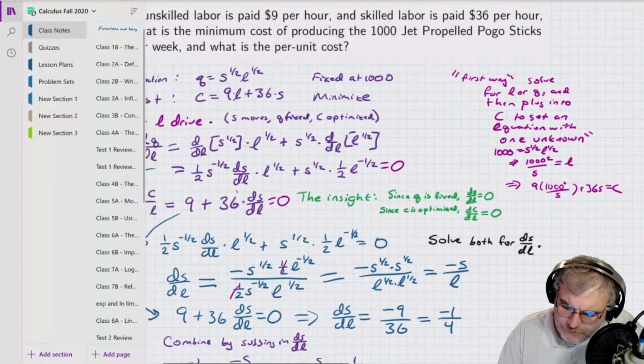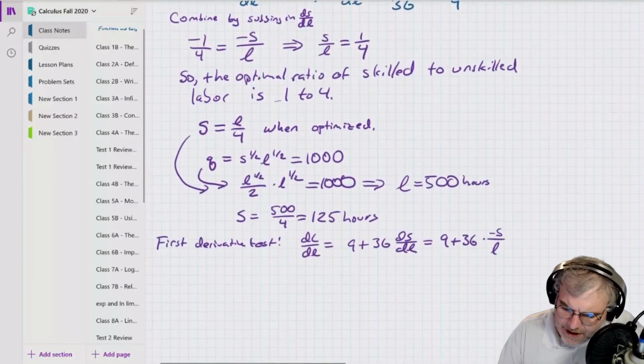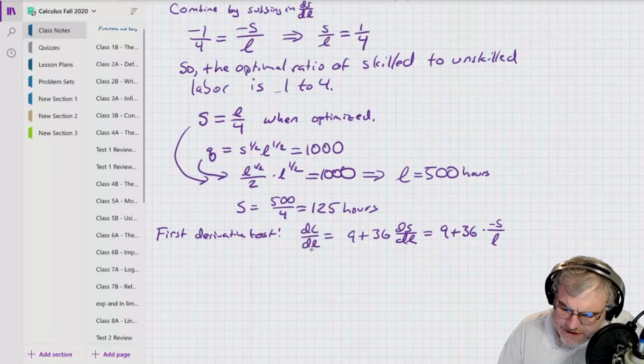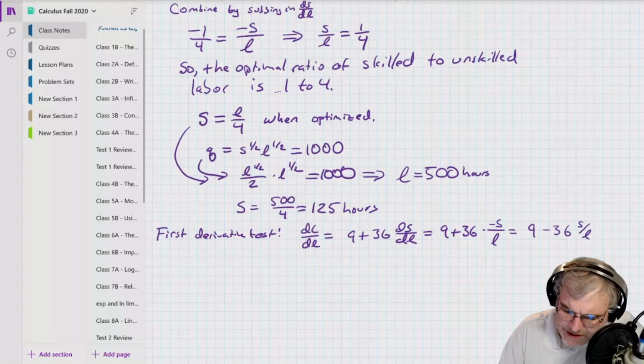So if I want to do the first derivative test here, I use this thing right here. So dc over dl equals 9 plus 36 negative s over l. So that's going to be 9 minus 36 s over l. So now what I do is I pick a ratio that's slightly off.